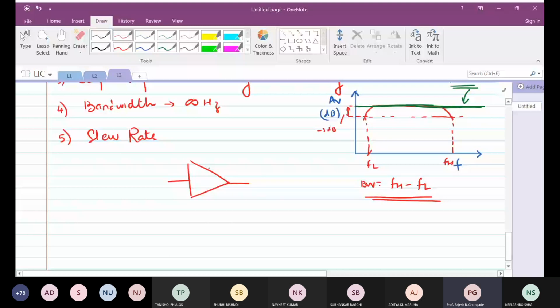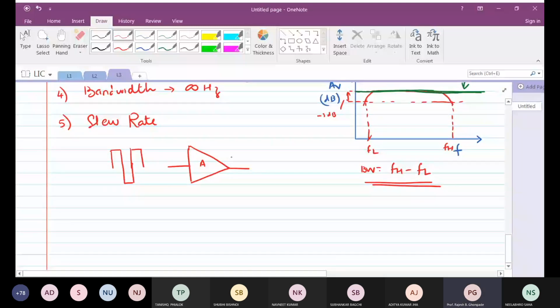If my input signal is a fast moving signal, for example a square wave, that depends on the transient response of the amplifier, specifically how fast it can generate the output with the input.